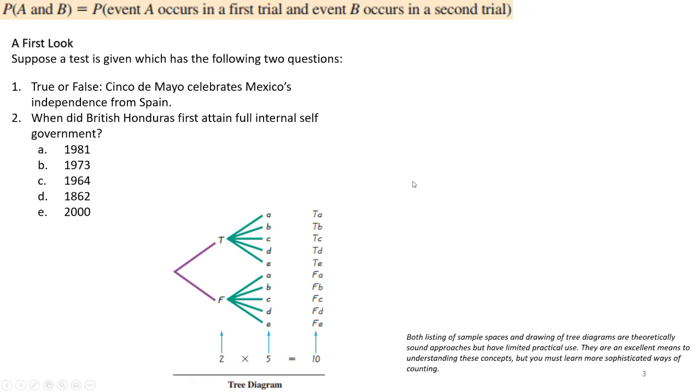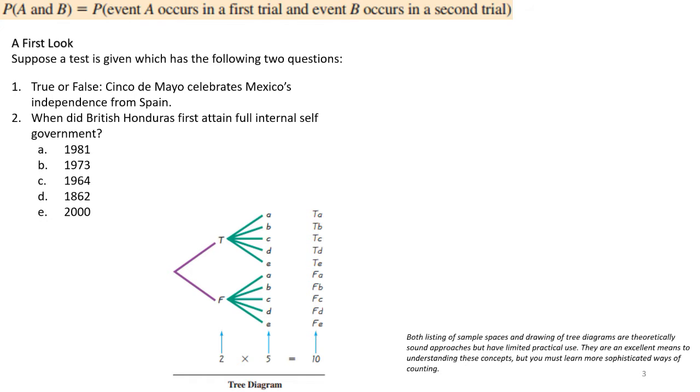So both these approaches, creating the sample space and using a tree diagram, are not very effective tools when dealing with serious problems. These are only used so that you can get an idea. Sometimes when you're dealing with a more complex problem, you can draw a tree diagram just to get a sense of it, but of course you will not be able to draw a complete tree diagram.